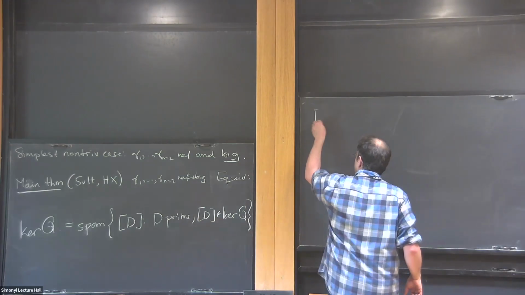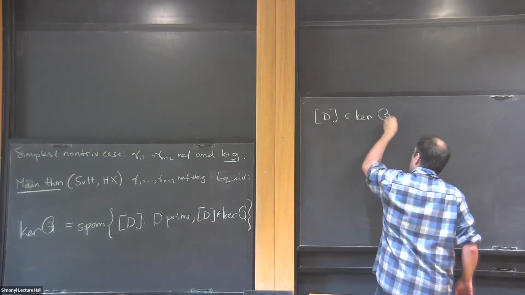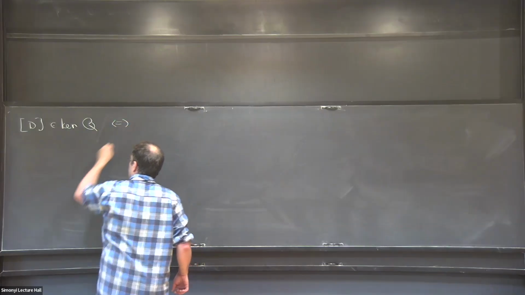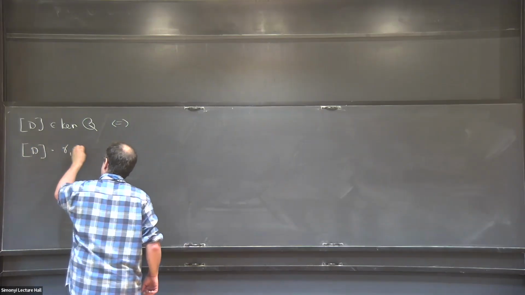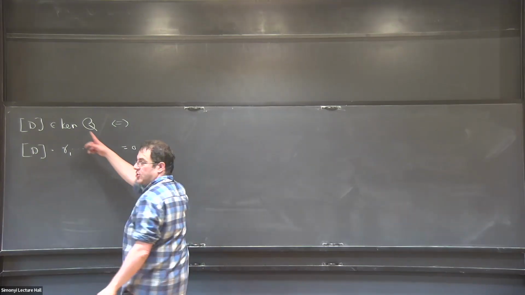So the condition that D is in the kernel of this quadratic form is the same thing as saying that D dot gamma 1 and so on. That's just the definition of the kernel of Q.